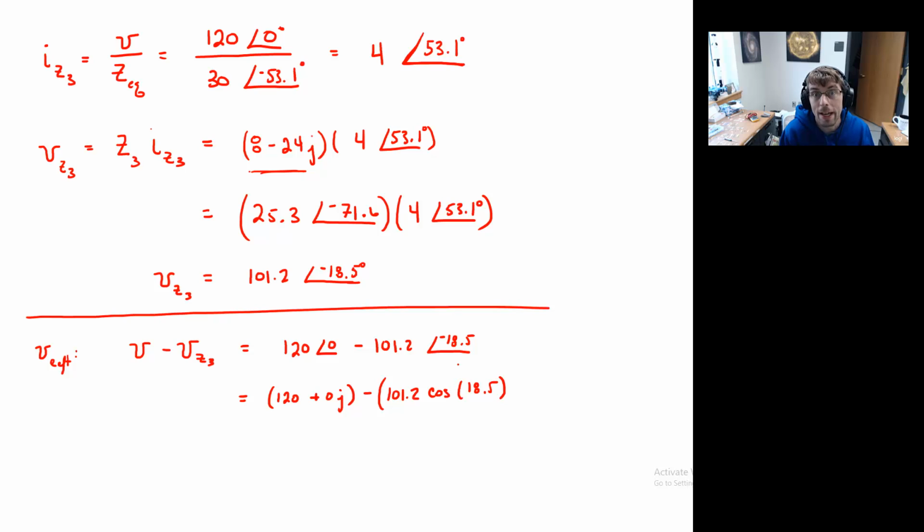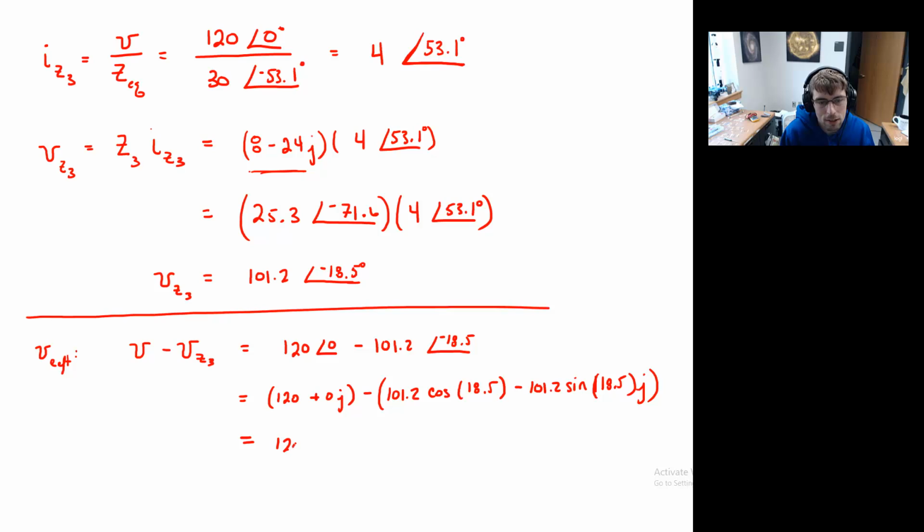Notice I dropped the negative sign because cosine is even. And I have minus 101.2 sine of the 18.5, and that would be j. Okay. I didn't say it was a short problem.